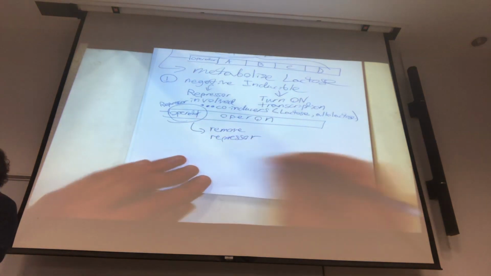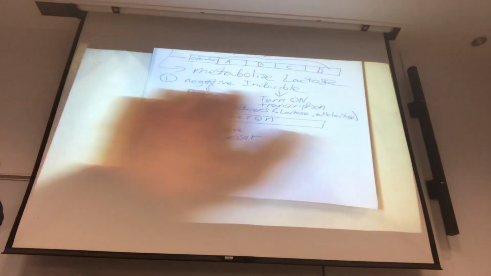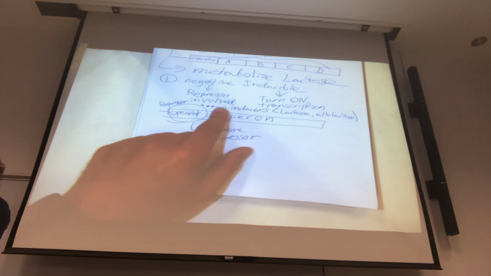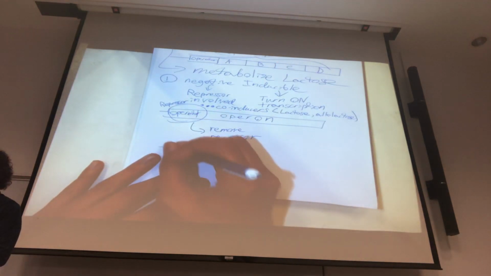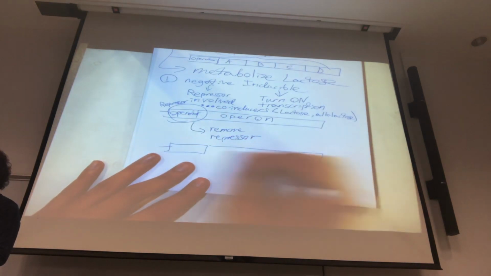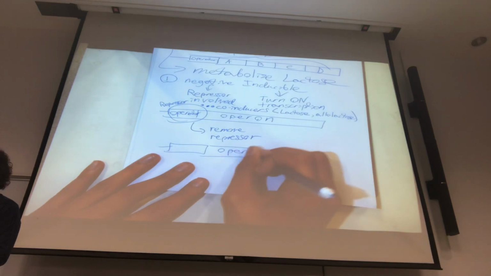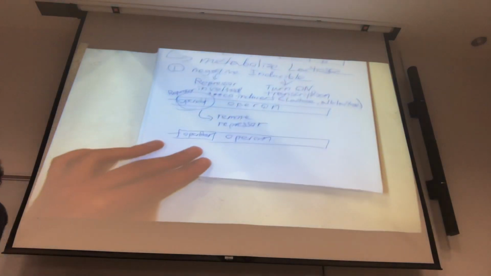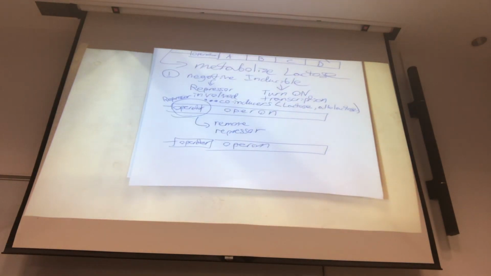All right. So, what is the end result of negative inducible? You remove the repressor via these co-inducers, and you are left behind with the open Lac Operon. All right, that's step 1. In order for full, complete transcription to happen, you must do step 2.